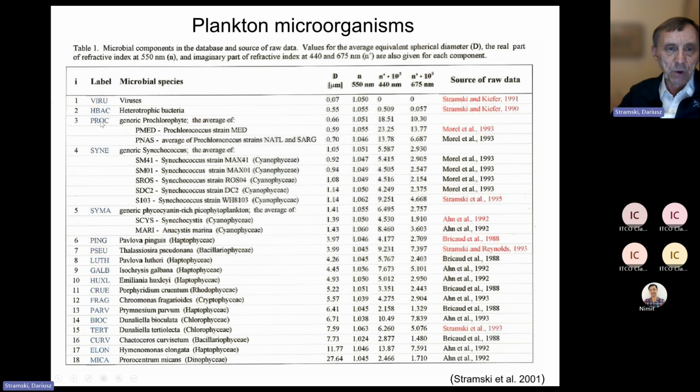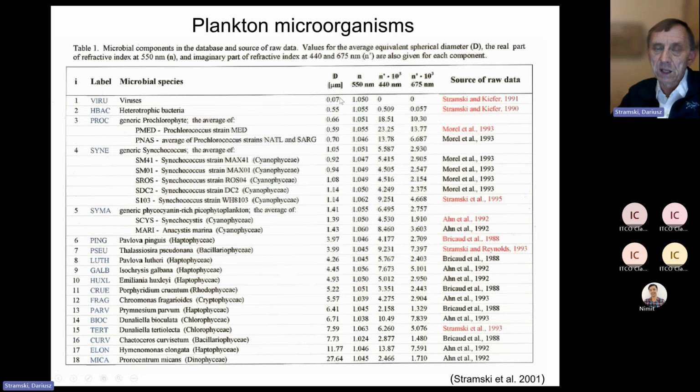The smallest one is prochlorophytes, then cyanobacteria, Synechocystis, a couple of other cyanobacterial species, and larger species from different taxonomic groups, which are also indicated here. You can see the mean size for all these species, and these data are based on experiments for everything except viruses, for which calculations were done. There are also some estimates of the imaginary part of refractive index.